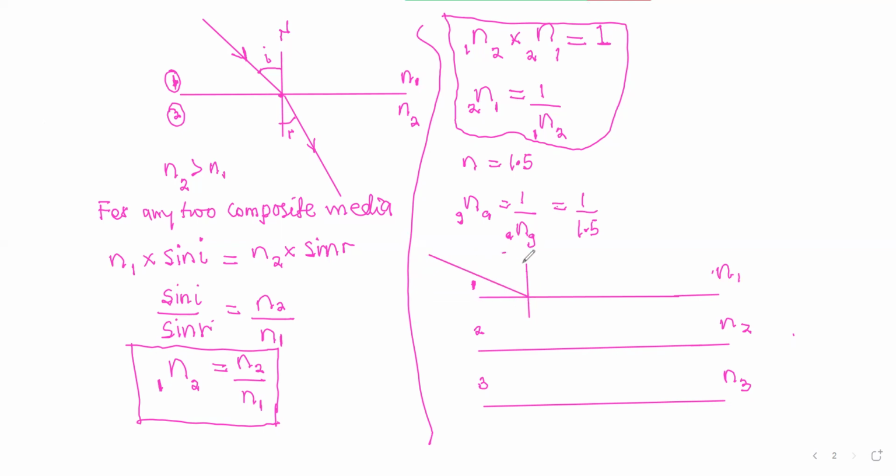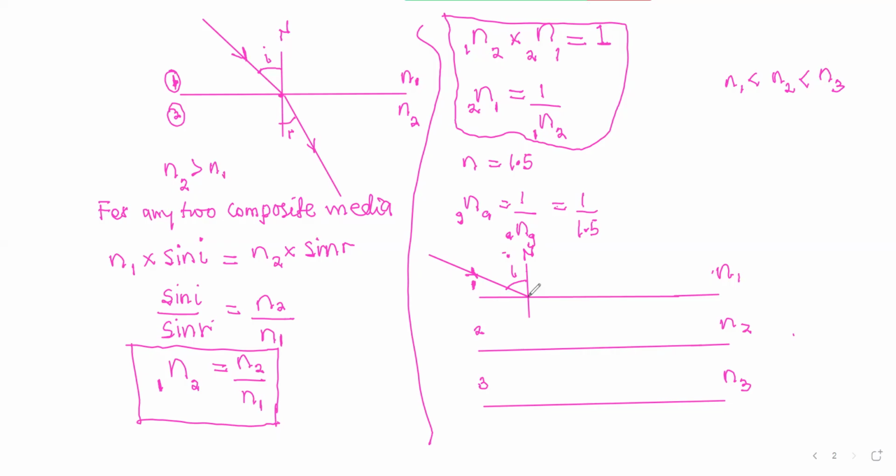Kezia, are you there? Yes, sir. Kezia, how would the light move from medium 1 into medium 2? This is the arrangement of the materials. The refractive index of 1 is less than the refractive index of 2, and the refractive index of 2 is also less than the refractive index of 3.